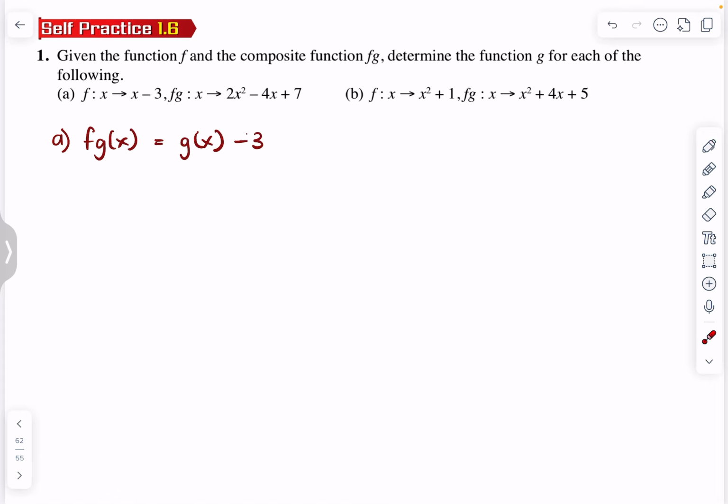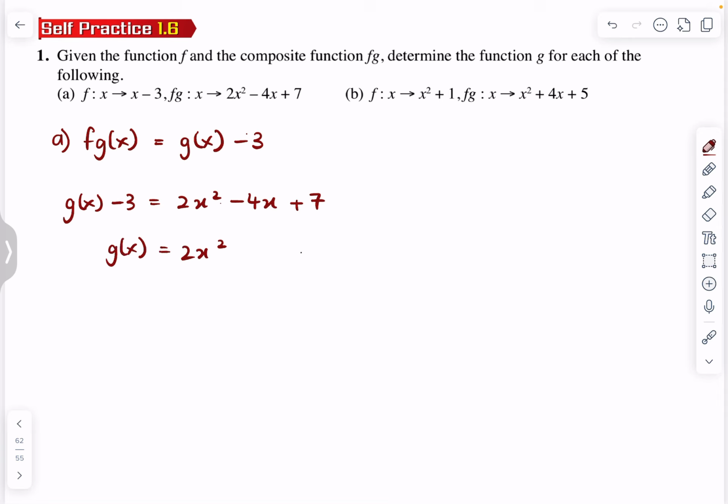So this is our version of fg(x), this is their version of fg(x), so we compare them. So we can say g(x) minus 3 equals 2x squared minus 4x plus 7. We equate them, then from here we can find g(x).